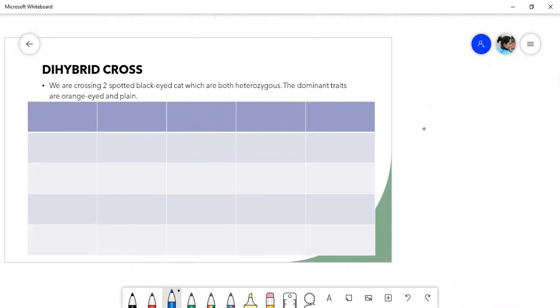Let's analyze the problem. We are crossing two spotted black-eyed cats, which are both heterozygous. The dominant traits are orange-eyed and plain.